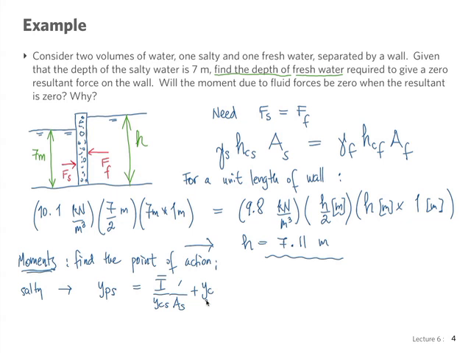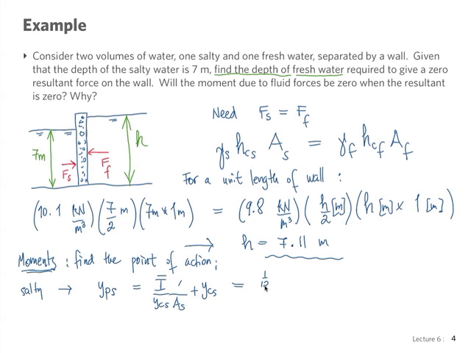We had yp minus yc equals this, so I'm just adding yc on both sides of the equation. This is a rectangle, so it's bh cubed divided by 12.